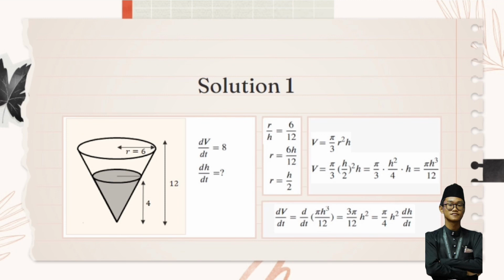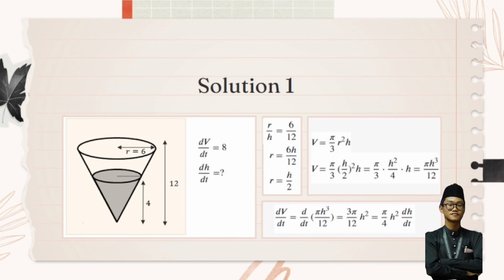The first step is we have to find the radius of the water level. To find the radius of the water level, we have to use the application of similar triangles. So it will be r over h equal to 6 over 12, and if we simplify it, we will get r equal to h over 2.